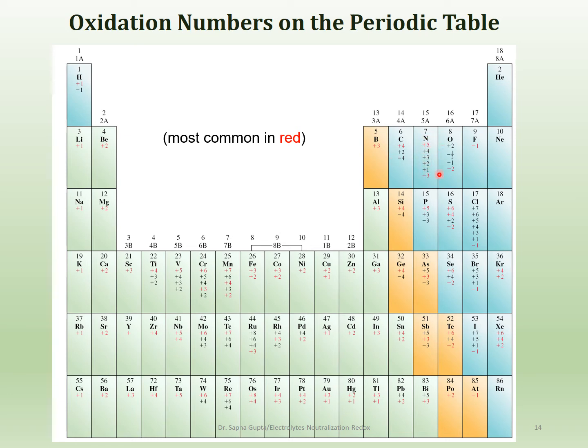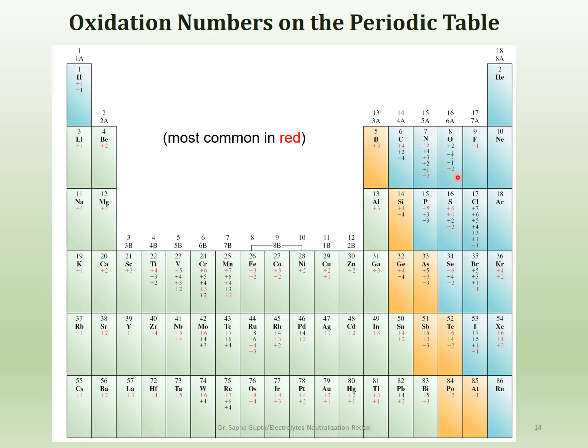So remember these positives for the non-metals have nothing to do with whether it is a cation or not, because when you start forming covalent bonds, you don't have any cations or anions. When you have ionic bonds with the non-metals, you will have the standard charge. Which means that if you have an ionic bond with group number 5, it is going to be -3.